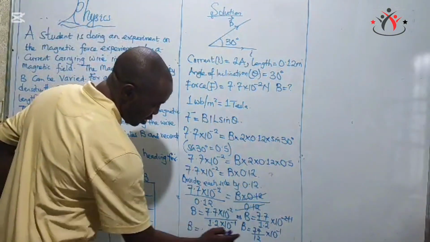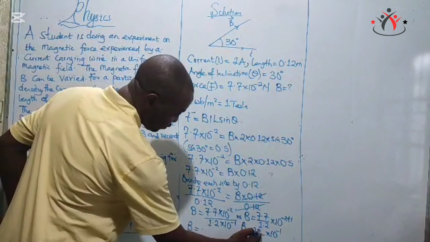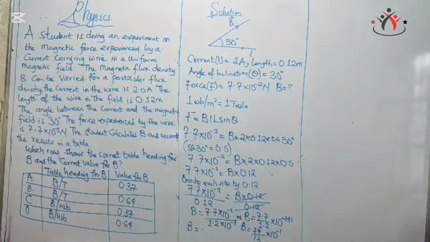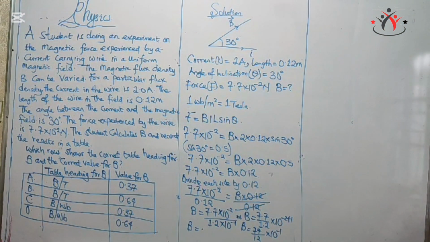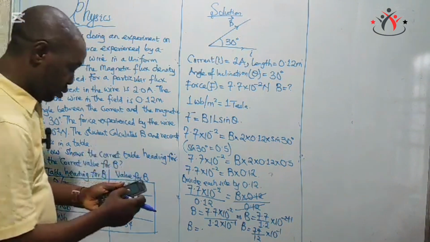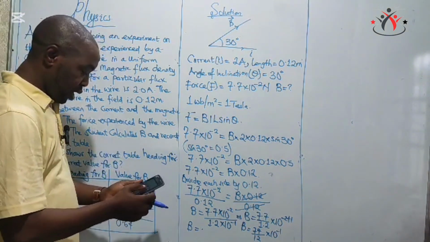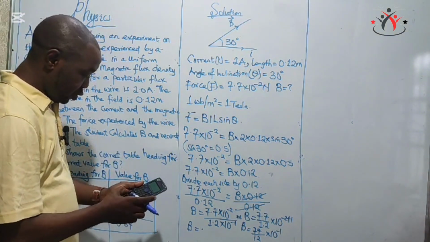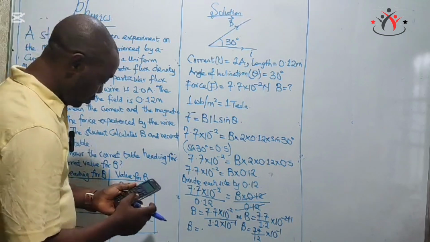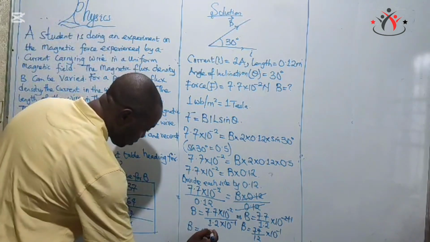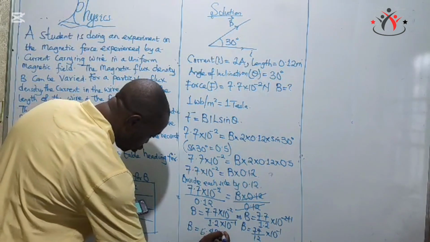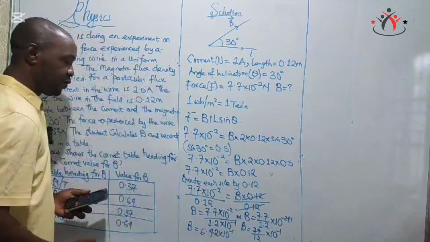So what we have here is 77 divided by 12, multiplied by 10 to the negative 1. That will be 6.42 times 10 raised to the power of negative 1.